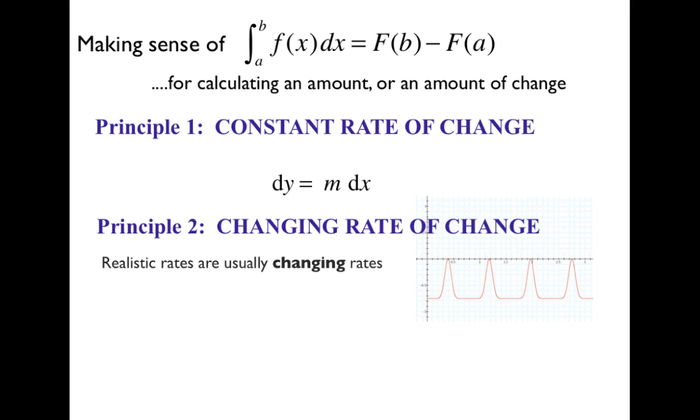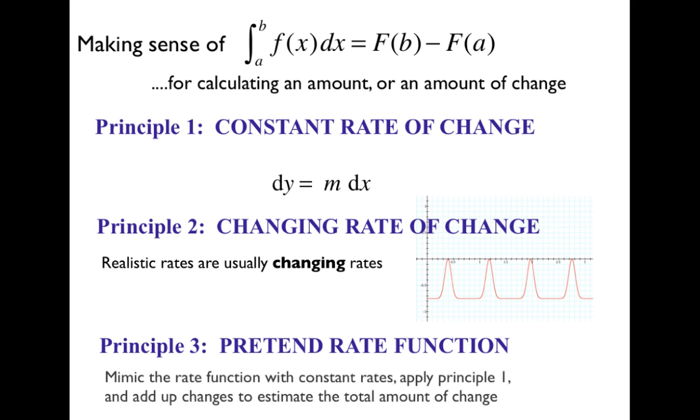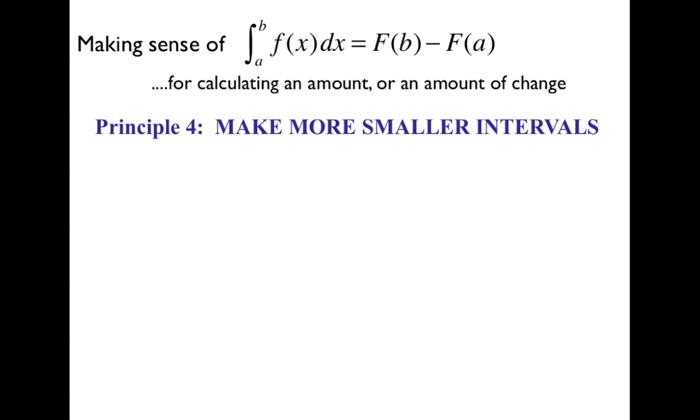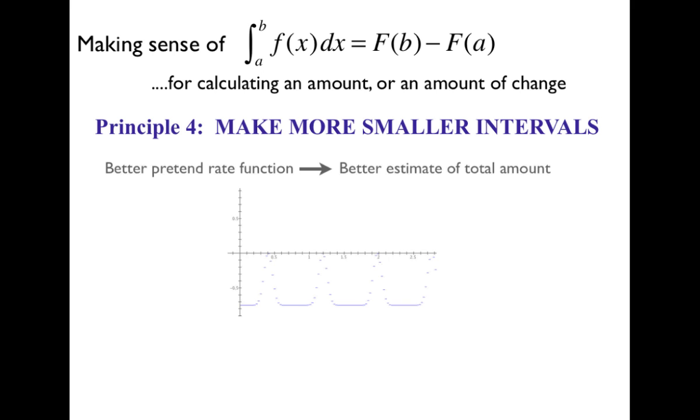Principle 3 is a pretend rate function. And to get the total change in the pretend rate function, we sum up all the individual changes. We use principle 1 to calculate m dx plus m dx plus m dx plus m dx. Okay, so now principle 4 is: make the rate function better, with more, smaller intervals.